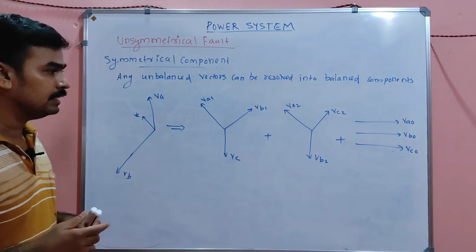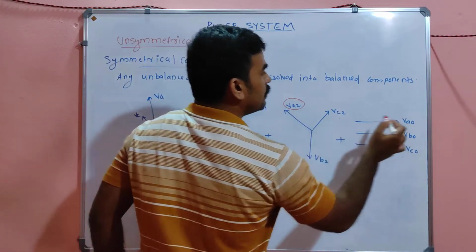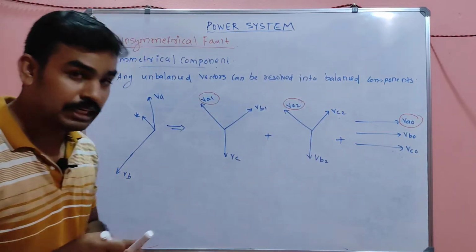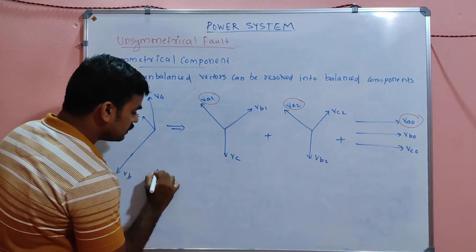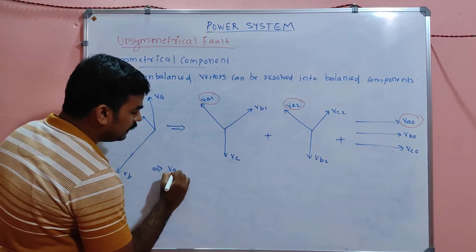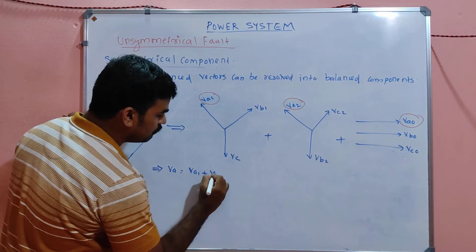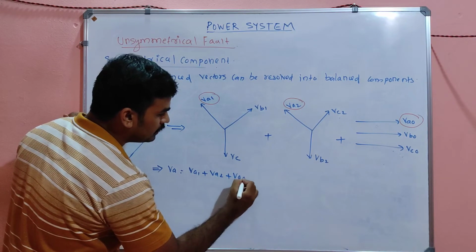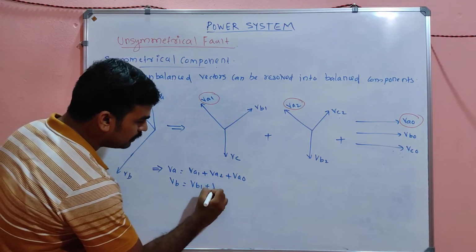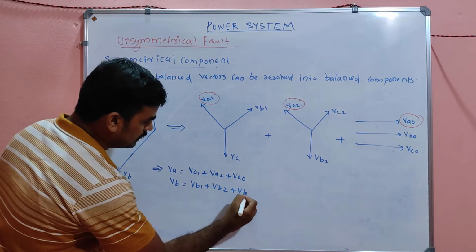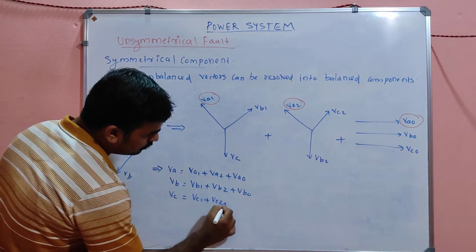If you add VA1, VA2, VA0 vectorially, it implies that VA is equal to VA1 plus VA2 plus VA0, and VB is equal to VB1 plus VB2 plus VB0, and VC is equal to VC1 plus VC2 plus VC0.